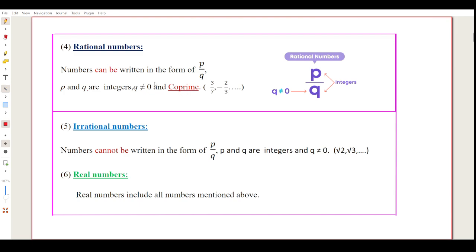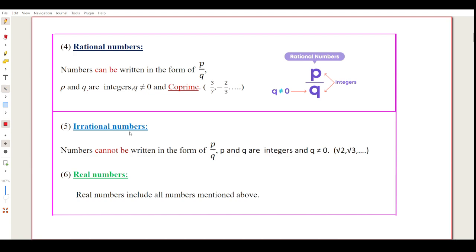Co-prime numbers means two numbers having only 1 as a common factor. For example, 3 and 7, what is the common factor? 1. 2 and 3, what is the common factor? 1. Two numbers having only 1 as a common factor is called co-prime. This concept we will be using for proving irrational numbers, root 2, root 3 and all. Keep it in your mind.